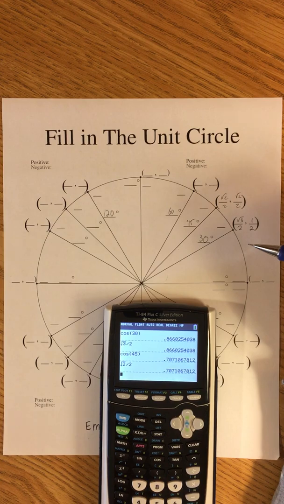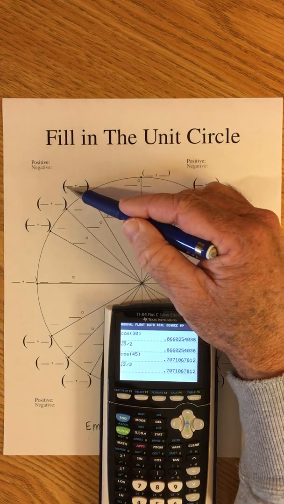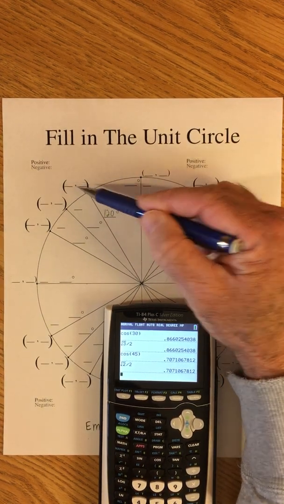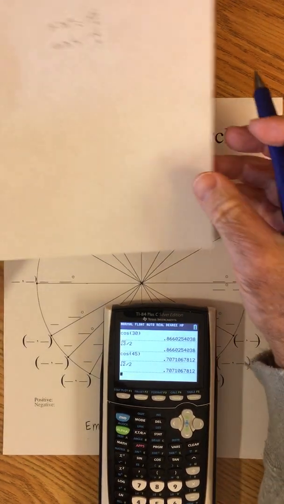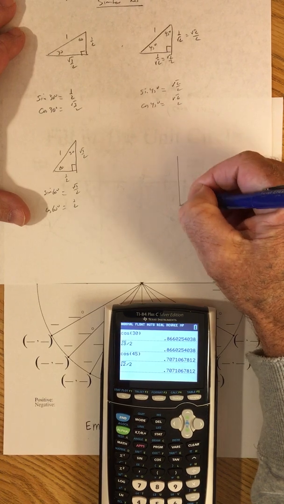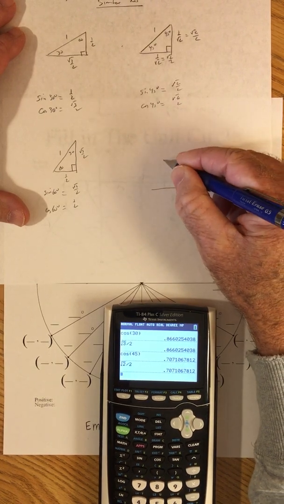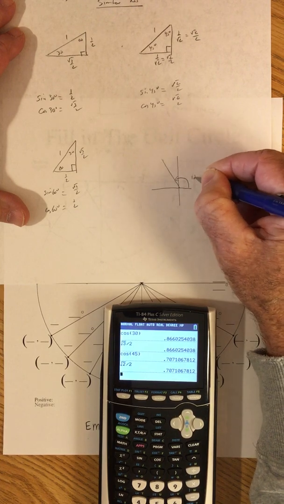Okay, so we talked about this yesterday. How do I find the sine and the cosine, or actually cosine, sine, since it comes in that order on the unit circle. Cosine, sine of 120 degrees. Well, we did that by drawing an angle in standard position, 120 degrees.